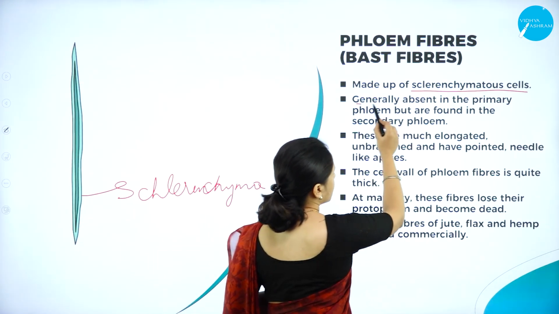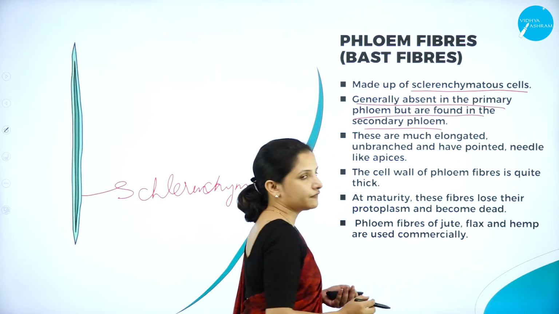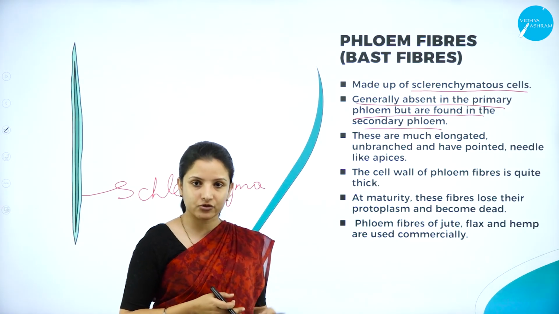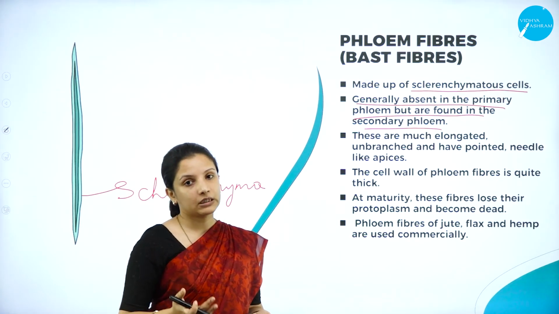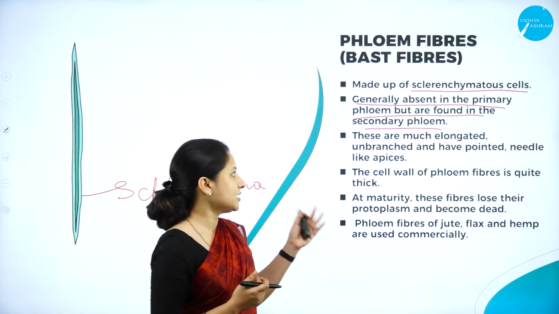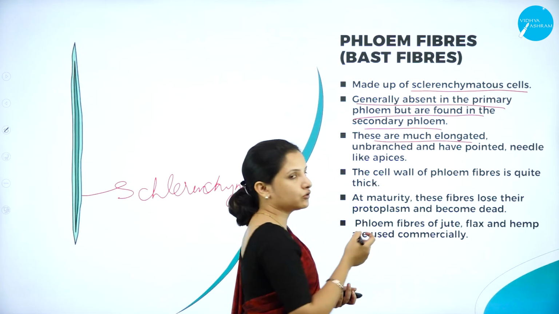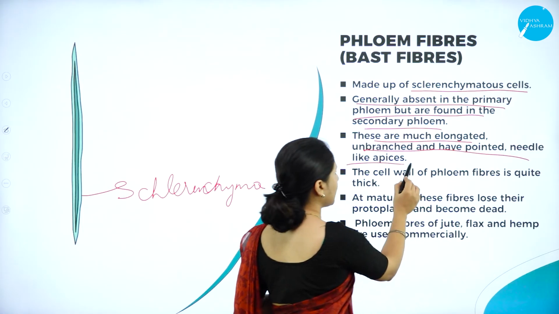Generally they are absent in the primary phloem, but they are usually found in the secondary phloem. So in primary phloem, these sclerenchyma are usually absent, but in secondary phloem, these phloem fibers are usually present, and they are much elongated. As I told you, they are unbranched and have pointed or needle-like apices.